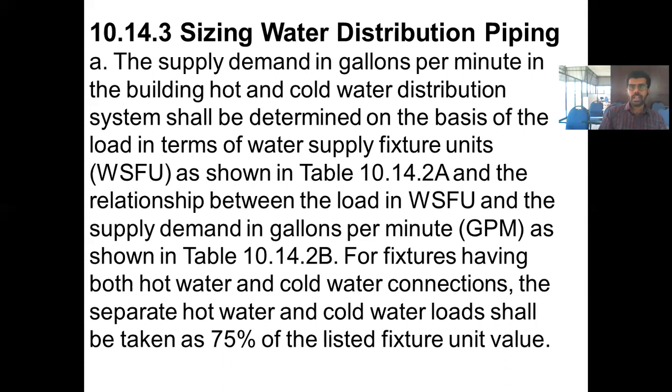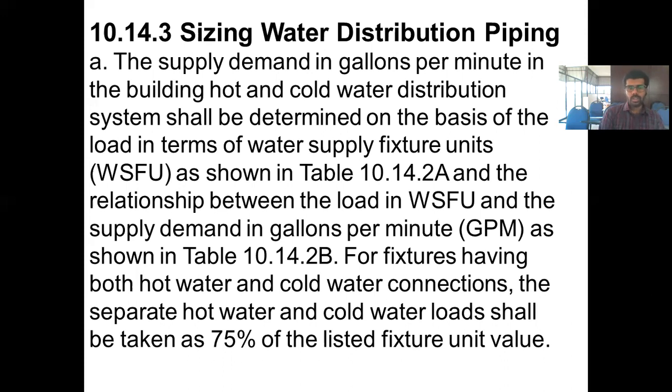With respect to the GPM, if you implement it in a graph, which I will be showing right now, you will get the pipe size. So we need GPM, and in order to get GPM, we need to know WSFU. The WSFU will be a constant value for each fixture.